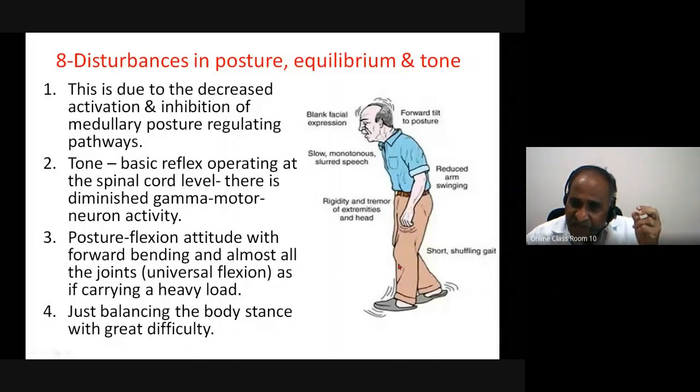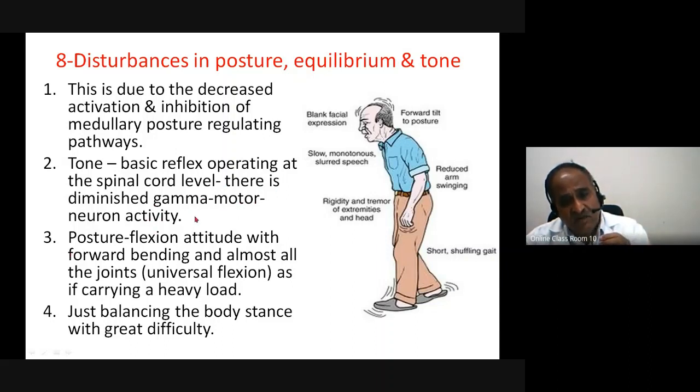He will be in flexion everywhere, universal flexion. Because of the tone of the basic reflex operating at the spinal cord level, there is diminished gamma motor neuron activity of the flexor groups. The posture is a flexion attitude with a forward bending.